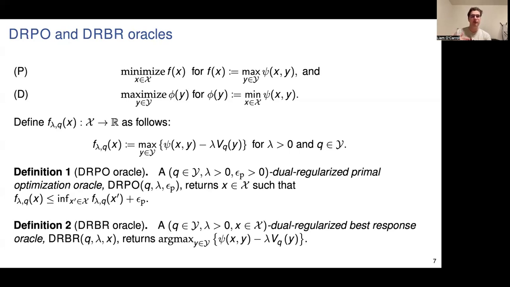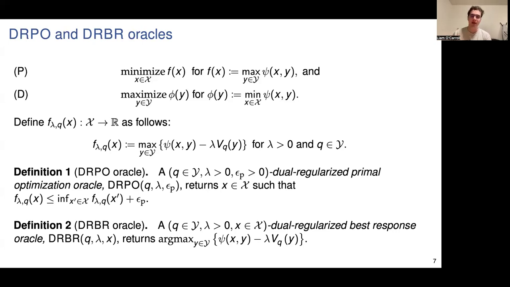And then likewise, we can define the natural corresponding regularized version of the best response oracle. In this case, we call it the dual regularized best response oracle, or the DRBR oracle. Again, given your regularization center, your level of regularization, and a primal point x, instead of just returning the maximizer over the y variables with respect to psi, it returns the maximizer over the y variables of psi minus the exact same regularization term which appears in the regularized version of f.